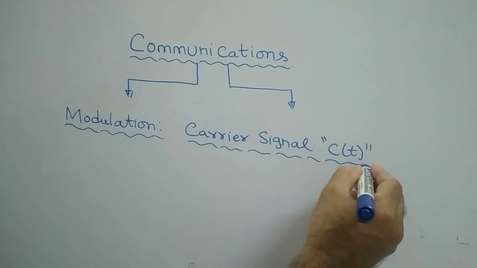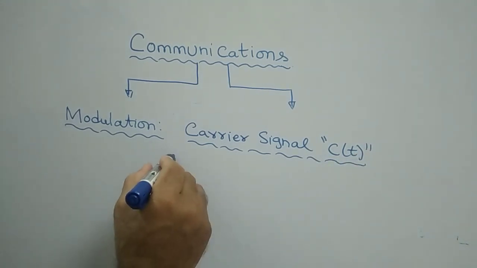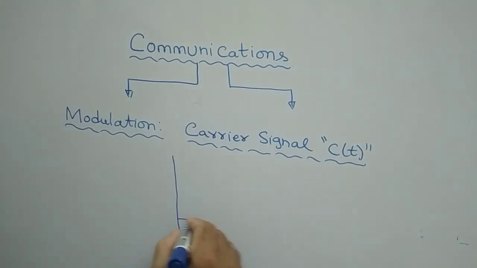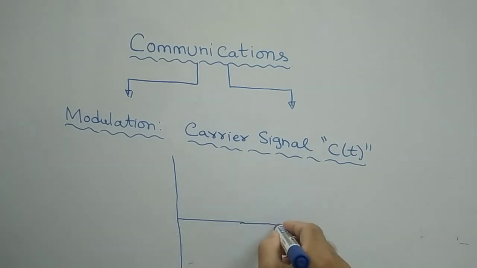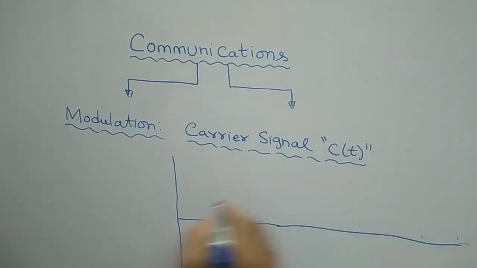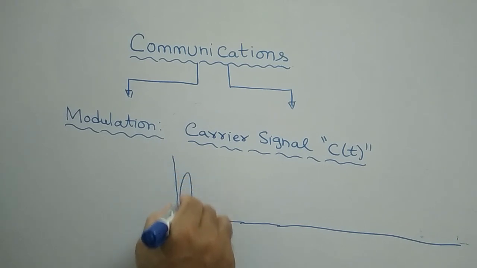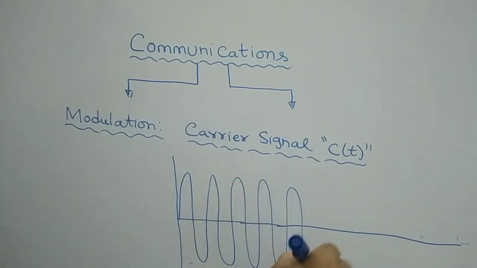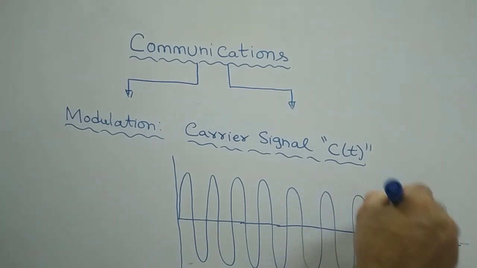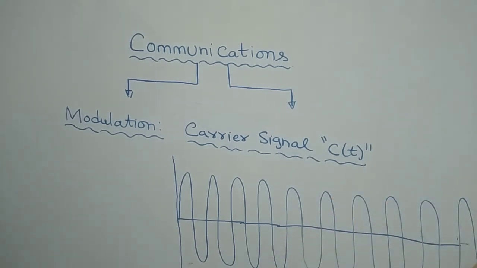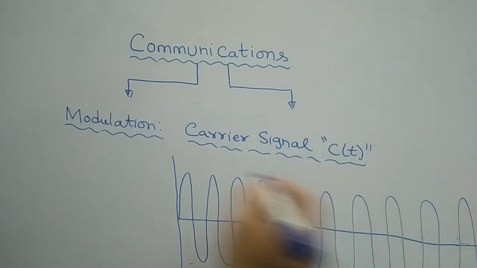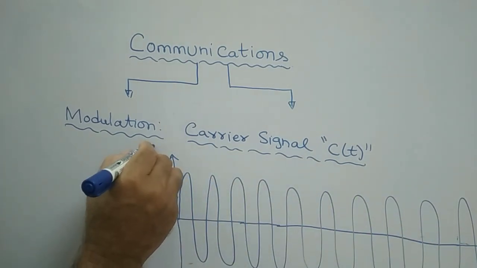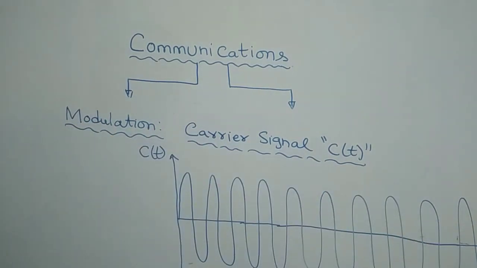Your carrier signal looks something like this. This is your carrier signal. This is your C of t, again with t as the variable. This is the carrier signal in general.